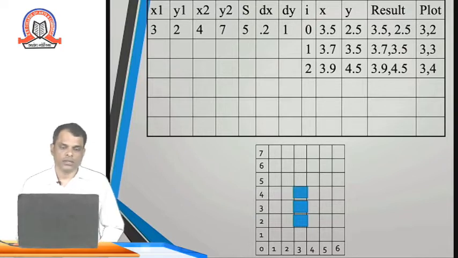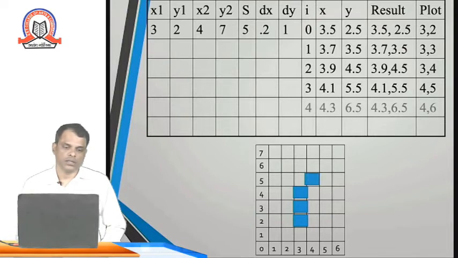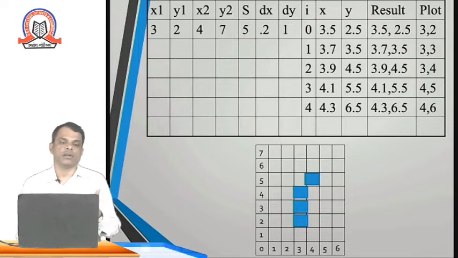Then the next iteration, 0.2 and 1 added, new values 4.1, 5.5, the point is 4, 5. So that point is plotted now. After that, see the next step, again 0.2 and 1. This way 1 point gets plotted each step since our number of steps is 5.